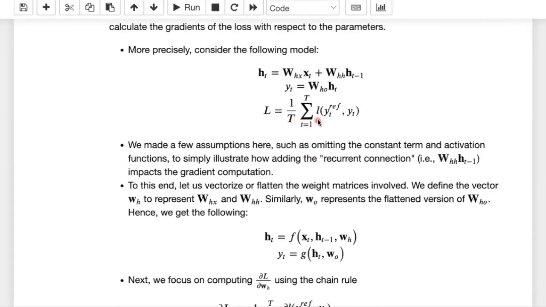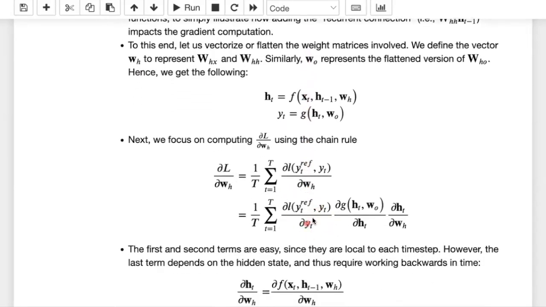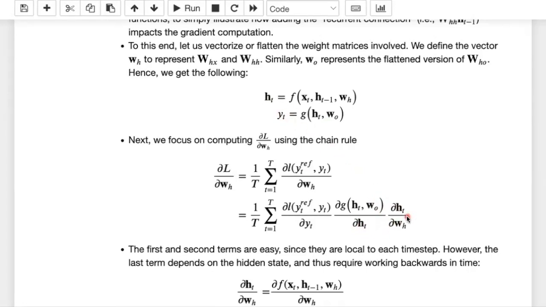So you can find the derivative of this L with respect to YT, right? So that's what we do because this is easier since this is a function of YT. And then YT is this G function that we have, G of HT and WO. And then we find the derivative of this with respect to HT. And then finally, we go one step back in the equations that we have here. We find the derivative of HT with respect to WH.